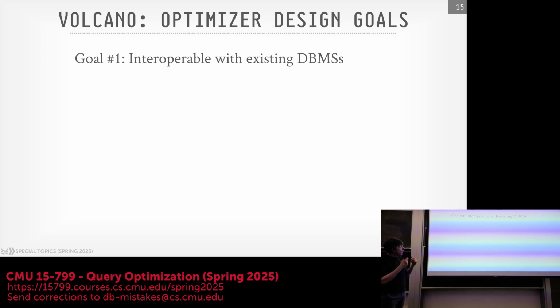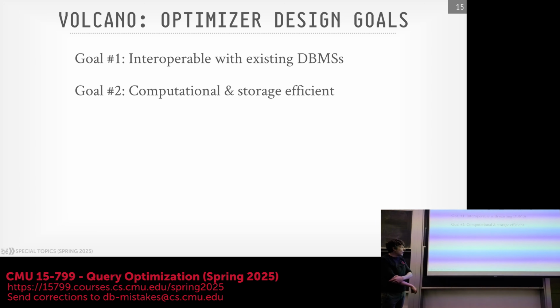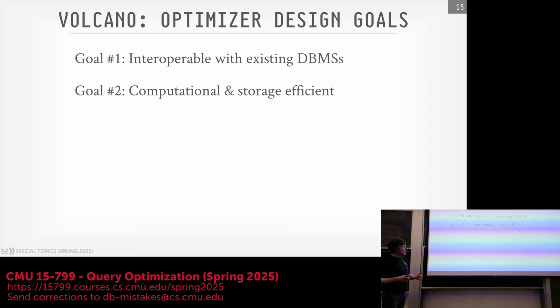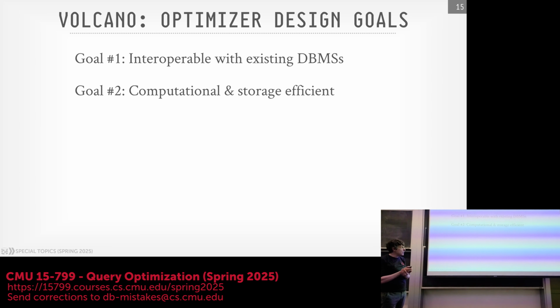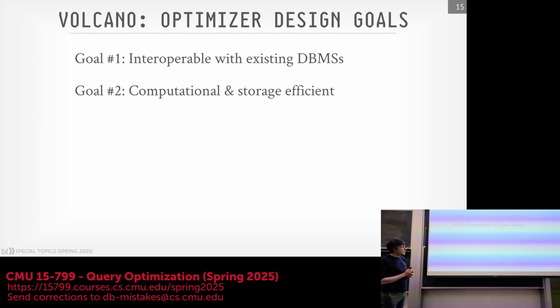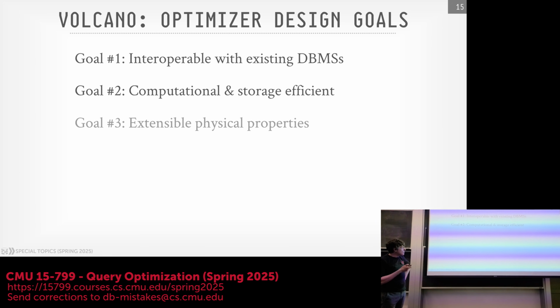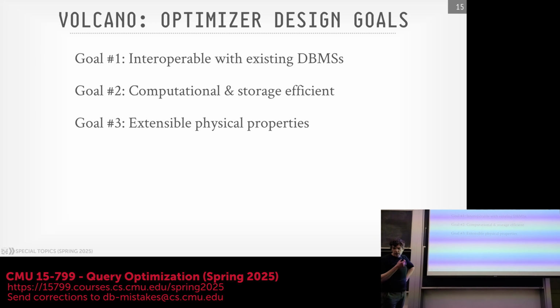All right, so just like before, they want to interoperate with existing database systems. They want to be more computational and storage efficient than Exodus was, so you cannot have this mesh table explode with all the possible things that you've ever seen before, or having to generate things ahead of time. They want to have extensible physical properties beyond just sorting and compression.